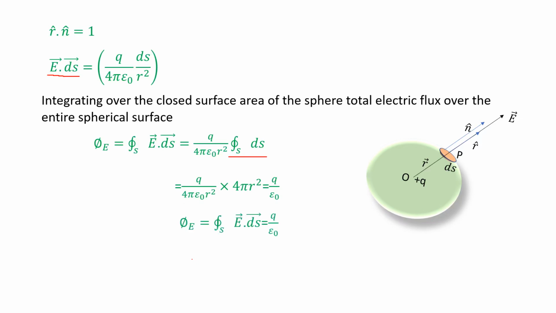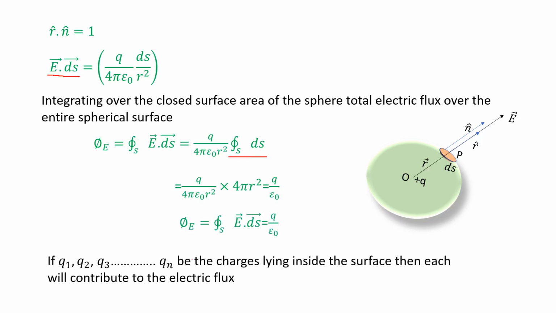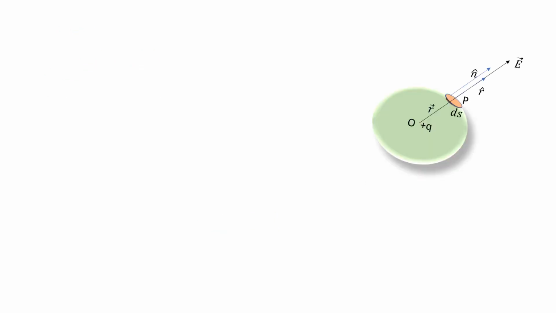Now if there are a number of charges q1, q2, q3, qn lying inside the surface, then each will contribute to the electric flux. Total electric flux will be equal to the sum of electric flux due to individual charges, phi E1, phi E2, phi E3, so on, phi En.